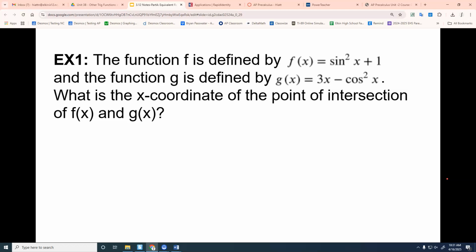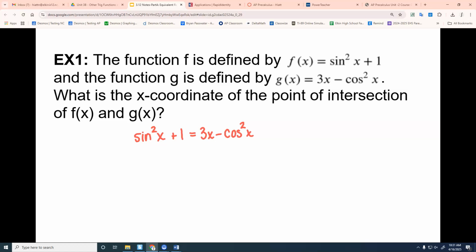So I'm going to say sine squared x plus 1 equals 3x minus cosine squared x. Actually, I think we're going to be okay. I don't think it matters that there's an x there. It's okay.